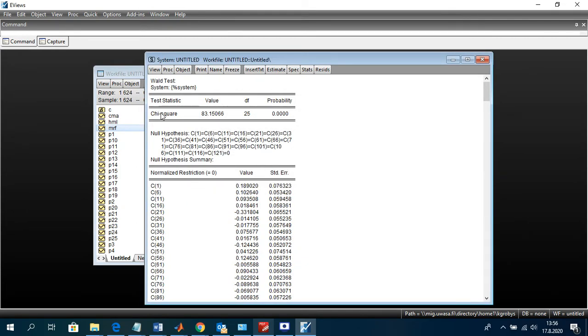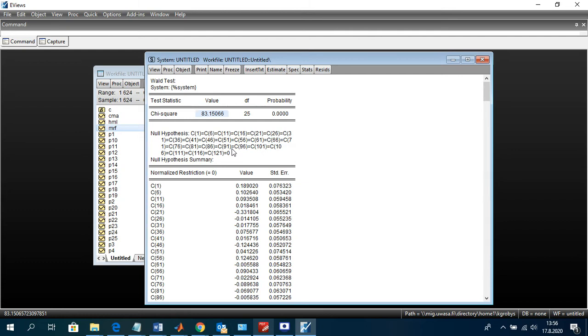The chi-square test with 25 degrees of freedom has an estimated test statistic of 83.15. So what is the critical value of a chi-square test with 25 degrees of freedom?